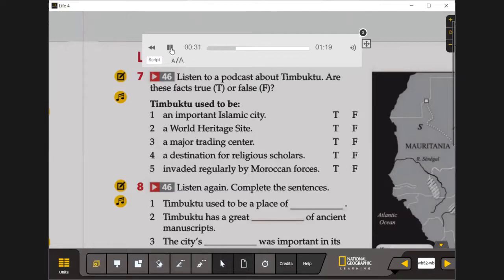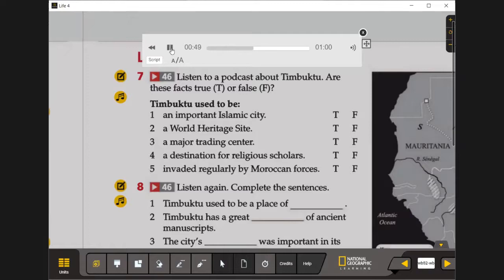The great teachings of Islam, from astronomy and mathematics to medicine and law, were collected and produced here in several 100,000 manuscripts. This heritage is recognized by the inclusion of Timbuktu on the list of World Heritage Sites.